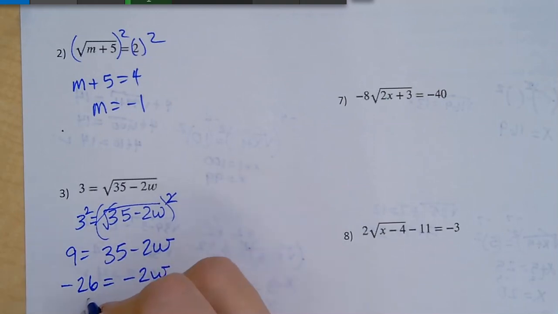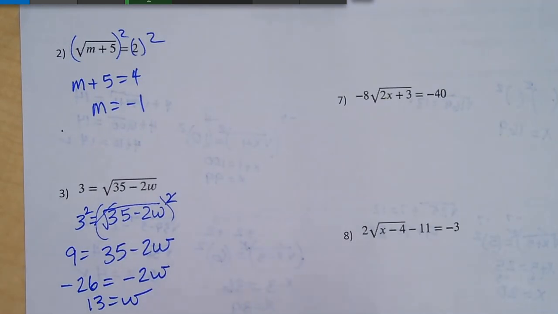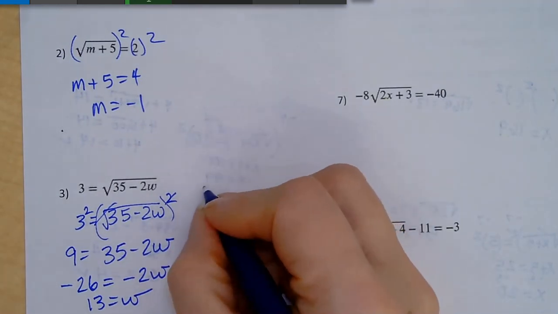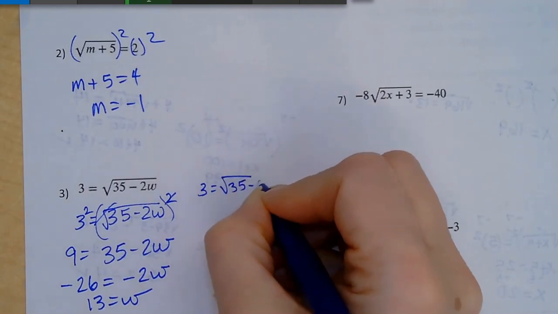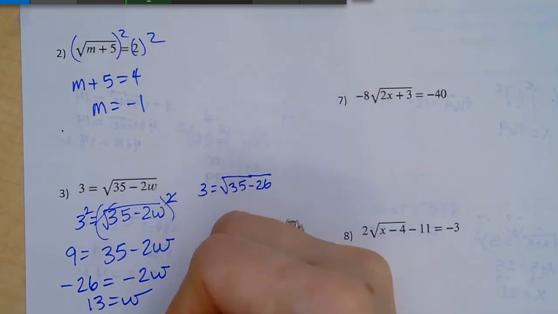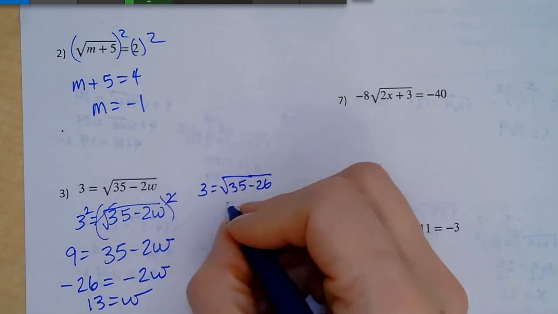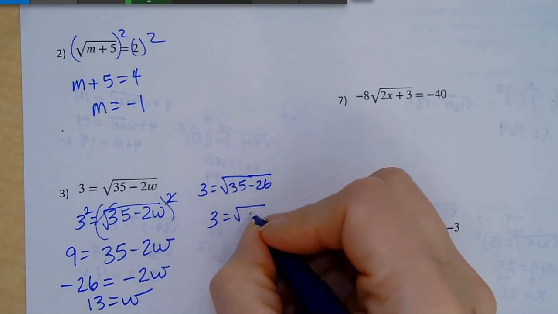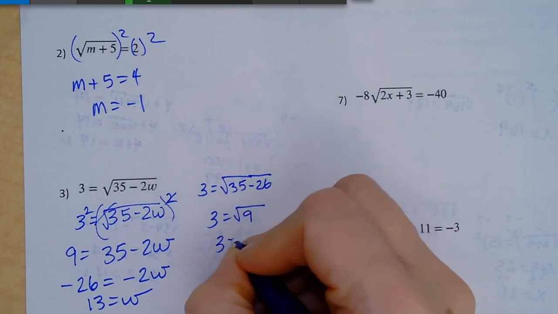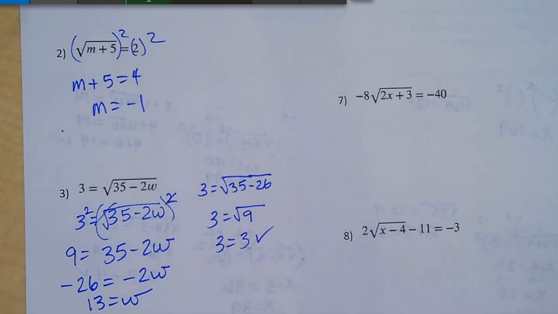Divide by negative 2, I get 13 equals w. I'll just do a quick check up here. So I'm saying that 3 equals the square root of 35 minus 26. I'm saying 13 is w, so minus 26, that works. 3 equals the square root of 35 minus 26 is 9, and 3 equals 3. Yay, that worked. Okay.